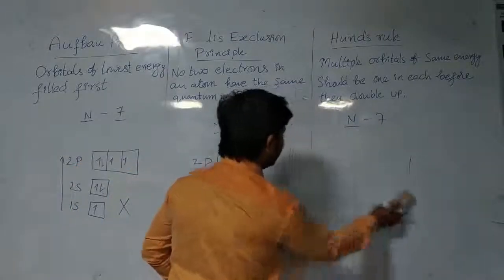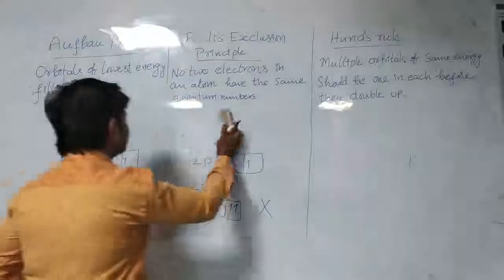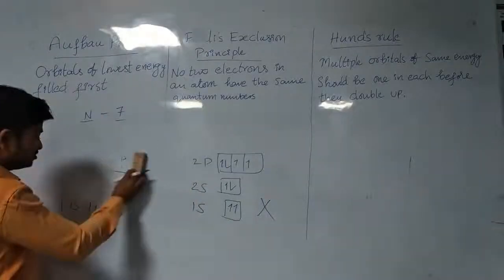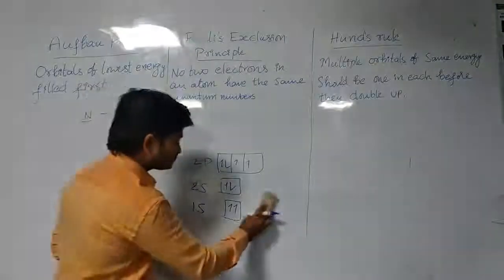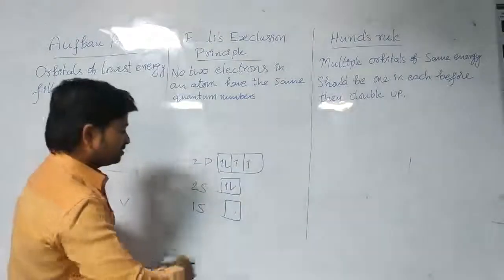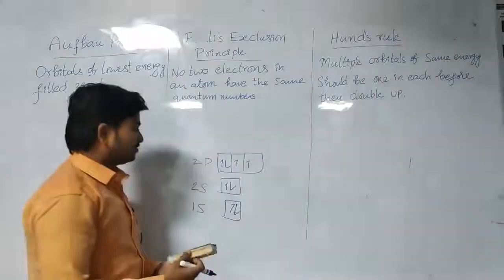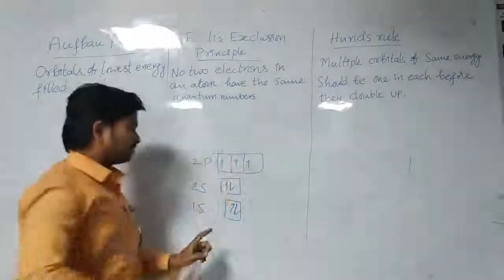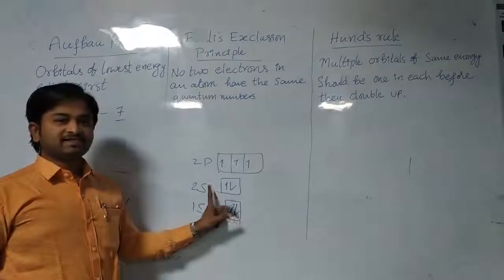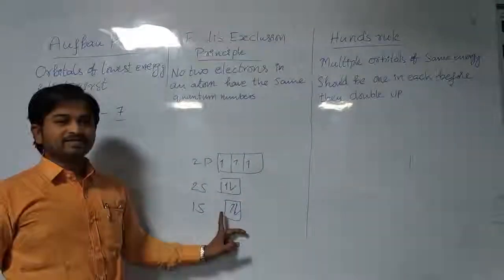By obeying all the 3 rules, how can we satisfy all the 3 rules? 4, 5, 6, 7. If you write like this, all the 3 rules can be obeyed.